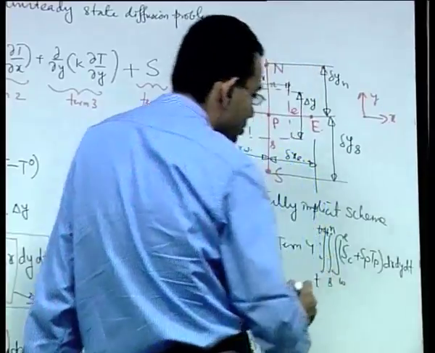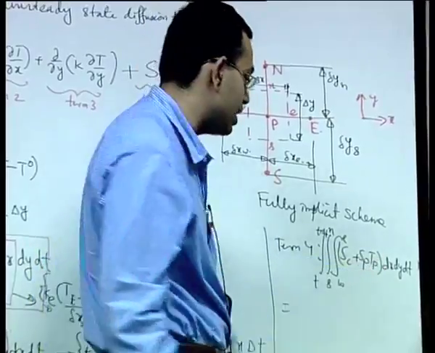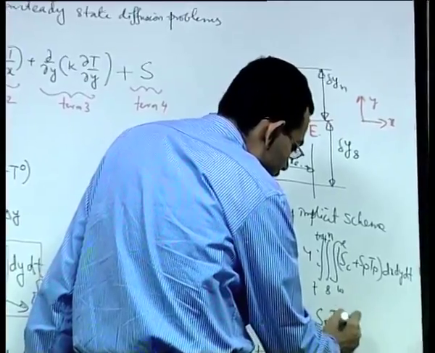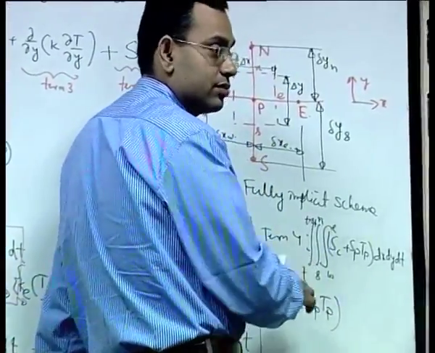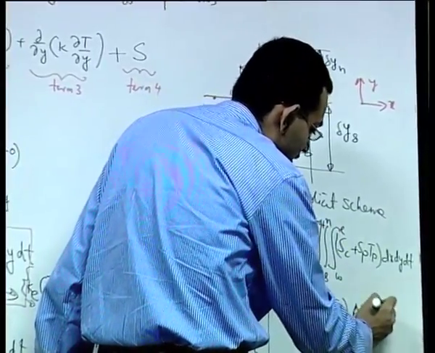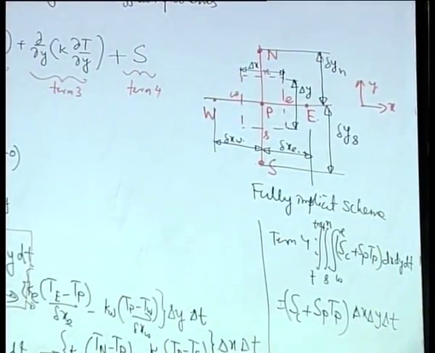So, what will it become? Sc plus Sp Tp will be a constant with respect to all those integrals. Remember we are considering a linearized source term, so that we are able to write it in this form, this into delta x, delta y, delta t. So, we have got all the 4 terms.